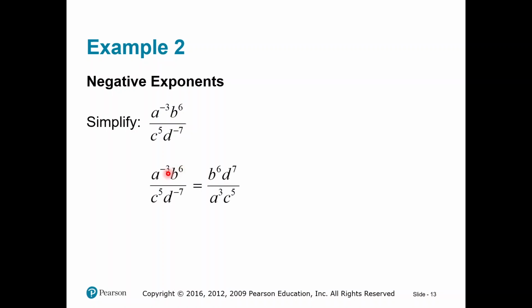You can see that the A now goes from the top to the bottom with the positive exponent. The D now goes from the bottom to the top, so D to the positive exponent, 7. The B and the C stay the same because they both have the positive exponents.